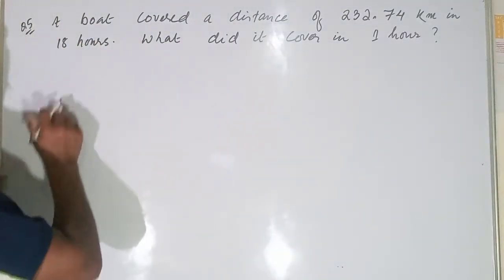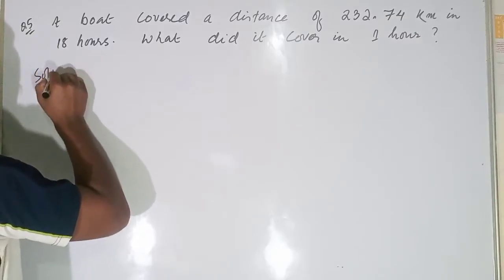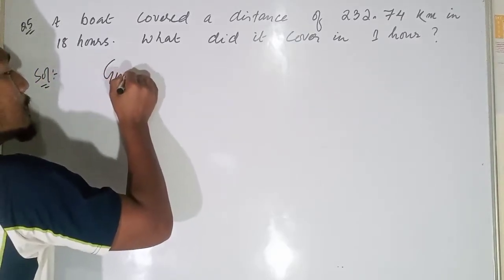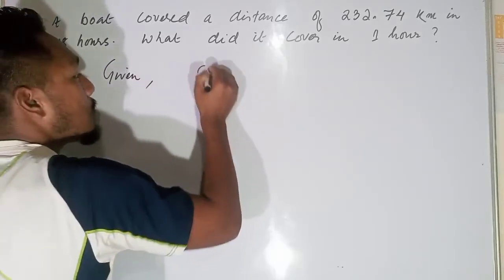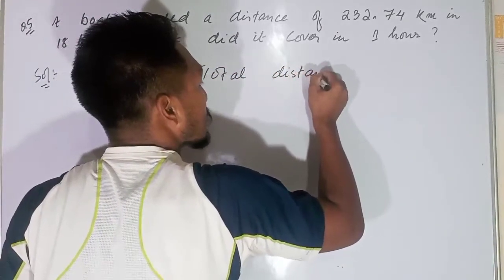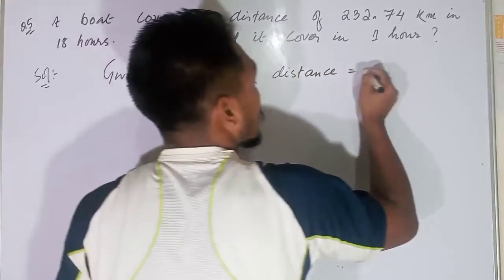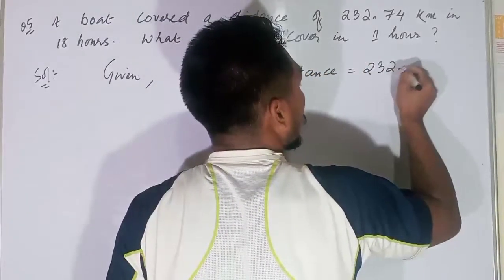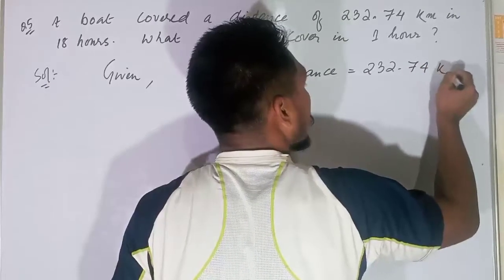Okay. So first of all, we will write down the solution and given. Given is how much? Total distance is given. Total distance is 232.74 kilometers.